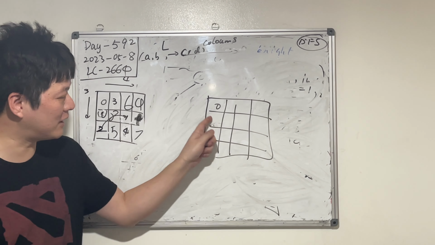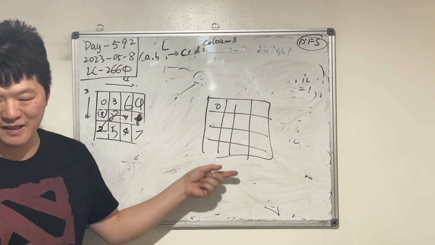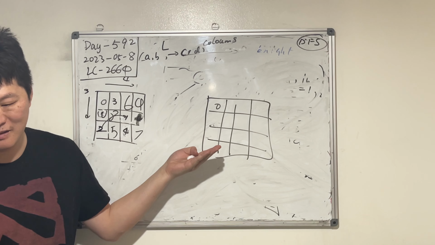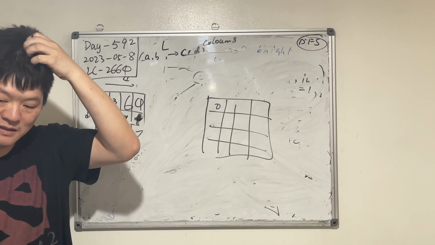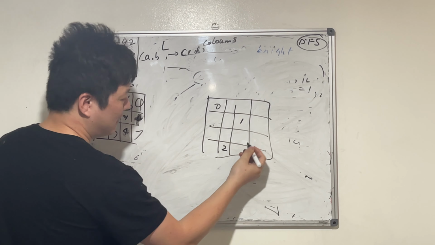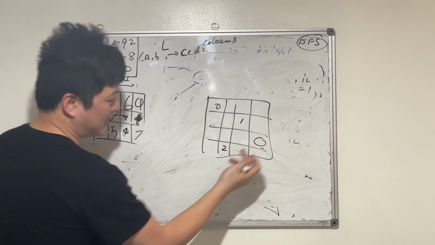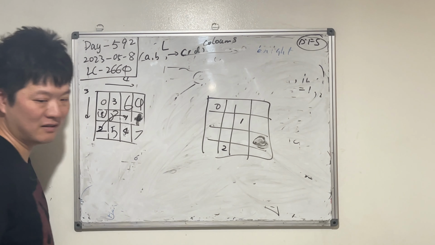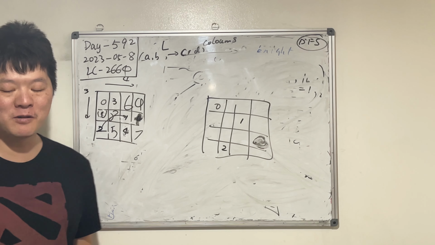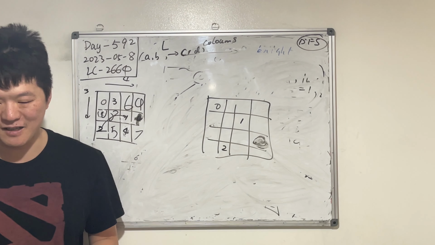Okay, so what are those numbers? At the beginning, they are not visited. We can put any numbers. These are empty cells. So if we want to use a number to represent the empty cell, what would you pick?